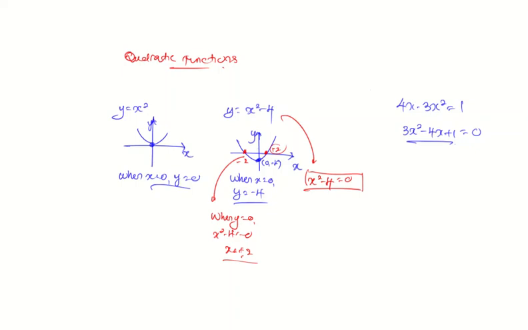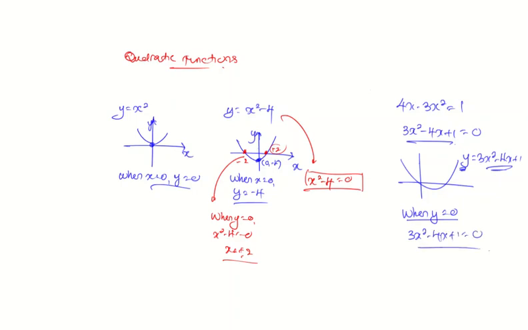We are actually asking y equals 3x squared minus 4x plus 1 when y equals 0. So in other words, when I ask you these questions, I am asking you the roots for the quadratic function.